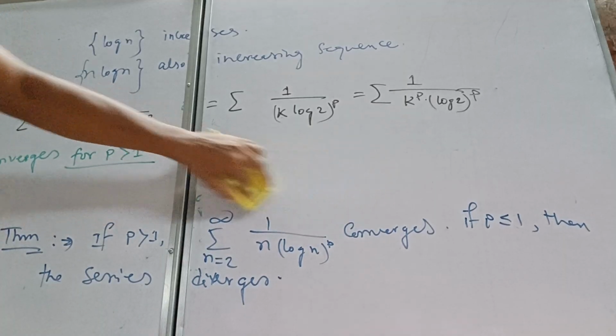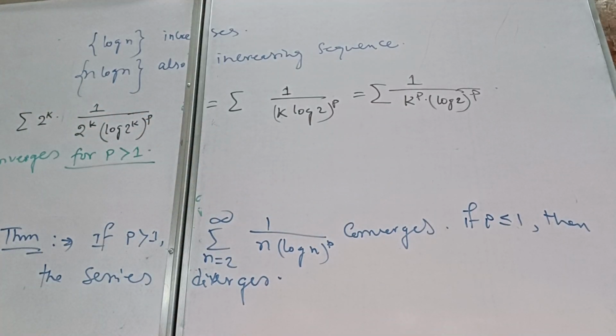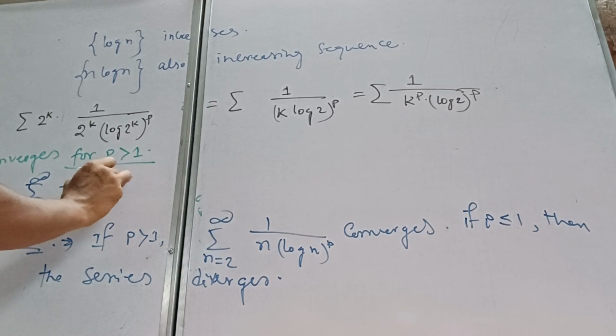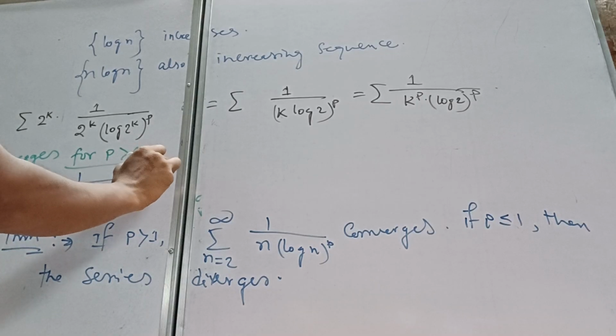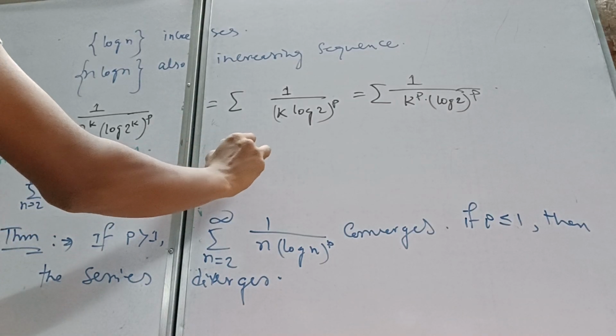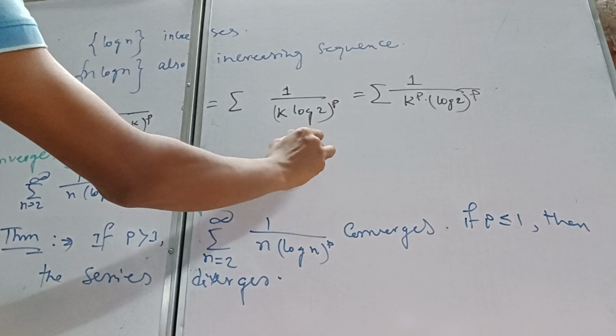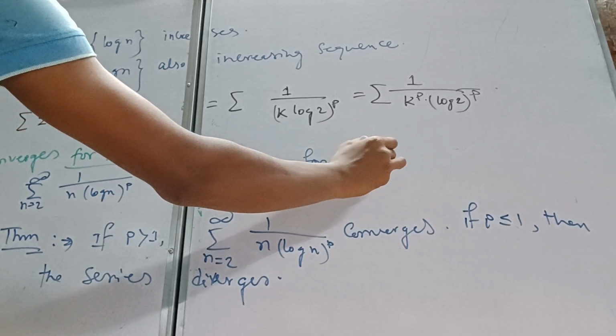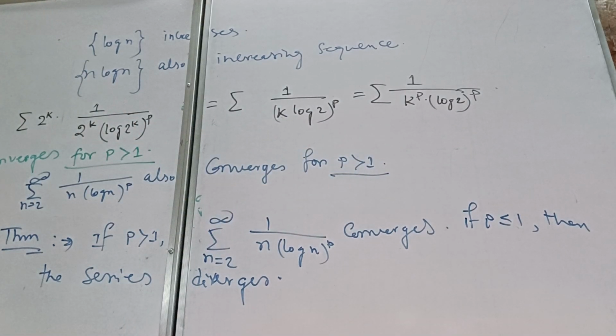Then what happened? Then we see that summation n equal to 2 to infinity 1 by (n log n) whole to the power p also converges for p greater than 1. That means using this theorem we also prove this one.